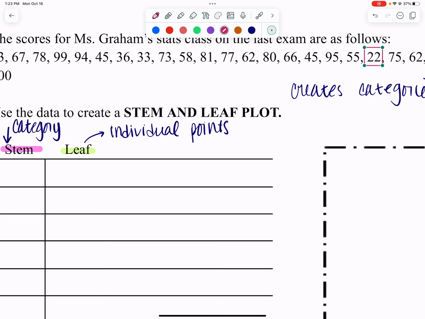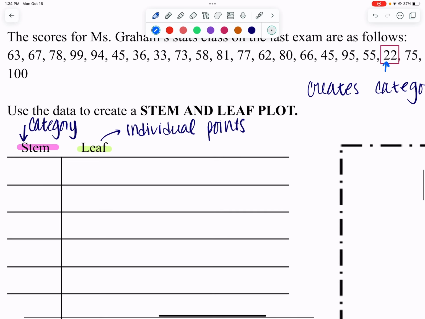To accurately list my stem, my category, I'm going to take whatever the leftmost digit is. So what that's going to do is create a category. We're going to call it 2, but what it really stands for is 20. So now all of my numbers that land in the 20s range are going to go in this category.